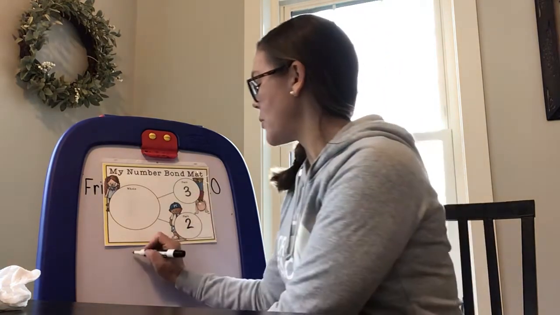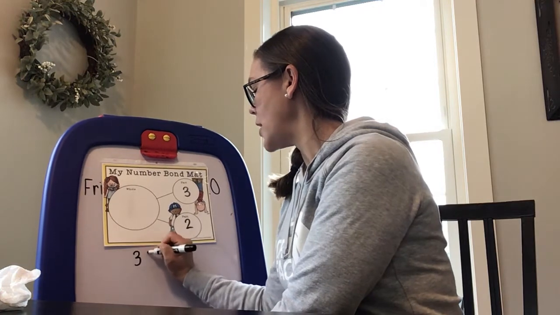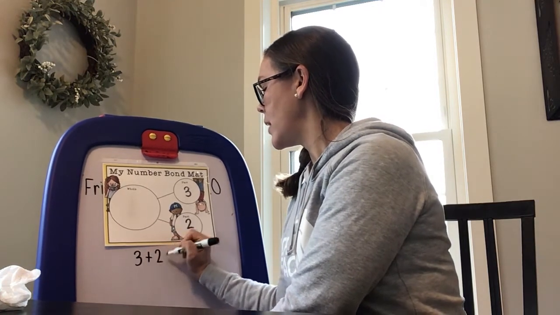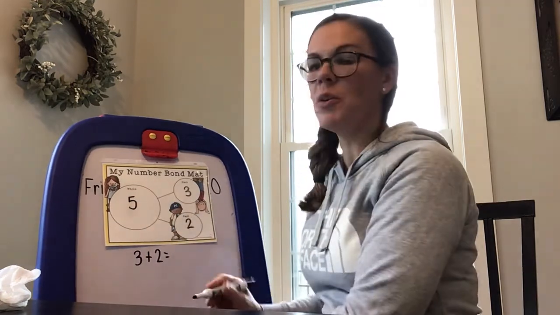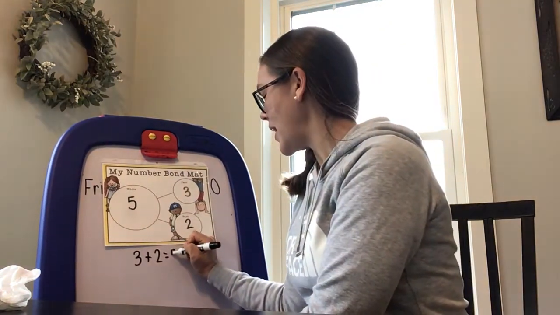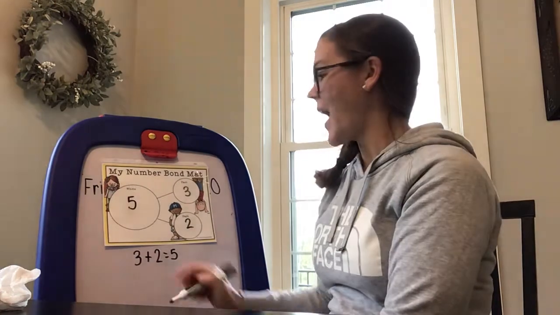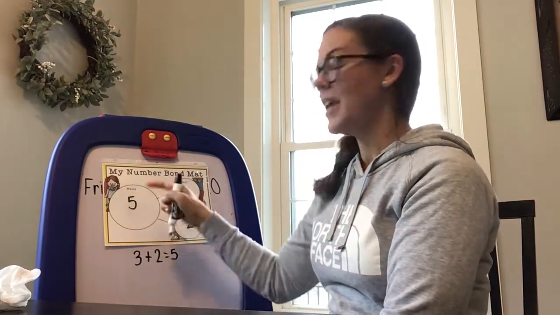If you did 3 and then you added 2 more and you got 5 as your whole, you are correct, okay? Now, I want you to turn this into a subtraction equation.